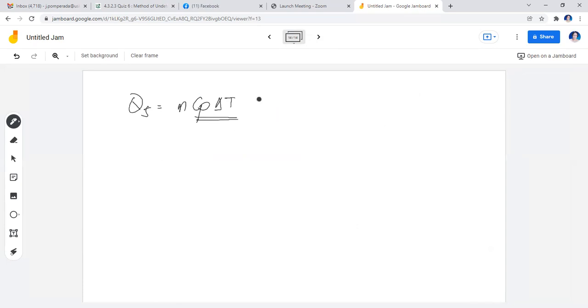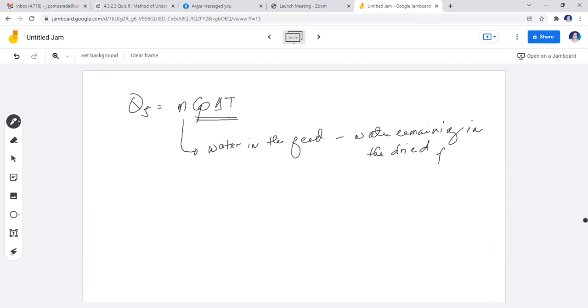Okay, this M, water in the feed minus water remaining in the dried feed, right?